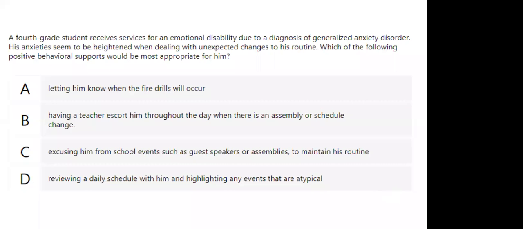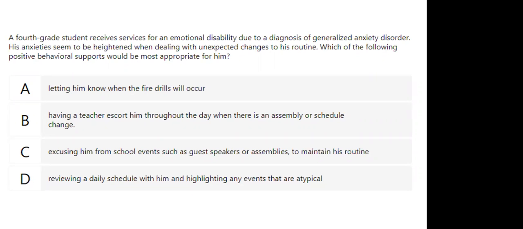Here's another question. A 4th grade student received services for an emotional disability due to a diagnosis of generalized anxiety disorder. His anxiety seemed to be heightened when dealing with unexpected changes to his routine. Which of the following positive behavioral supports would be most appropriate for him?